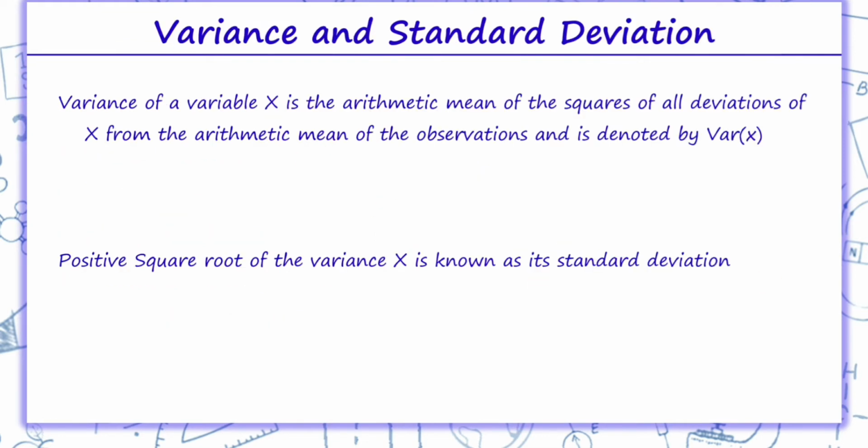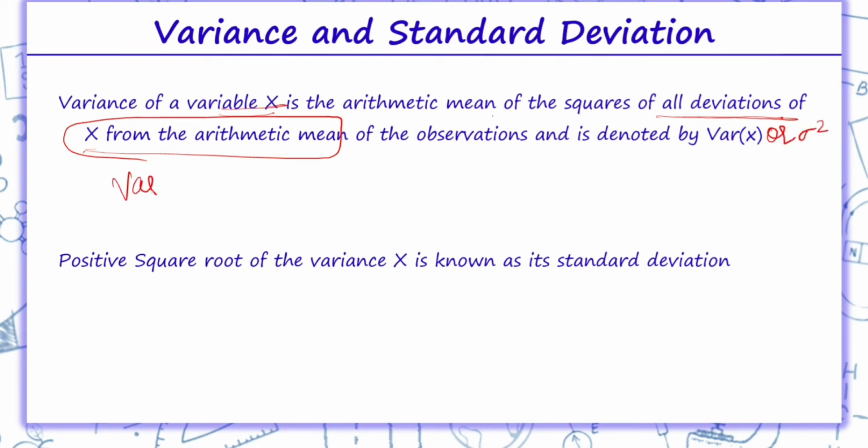So coming on to what is variance? Basically, the variance of any variable x is the arithmetic mean of the squares of all deviations of x from the arithmetic mean of the observations, and it is denoted by variance of x, or we write sigma square.